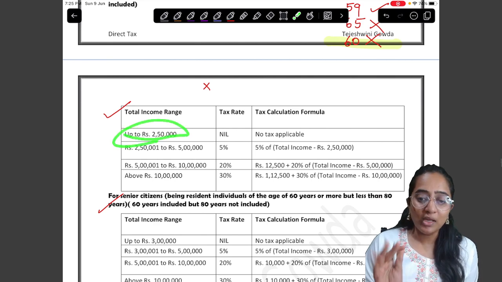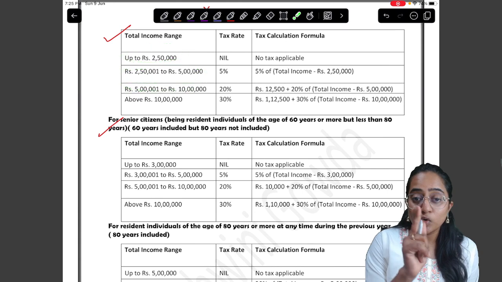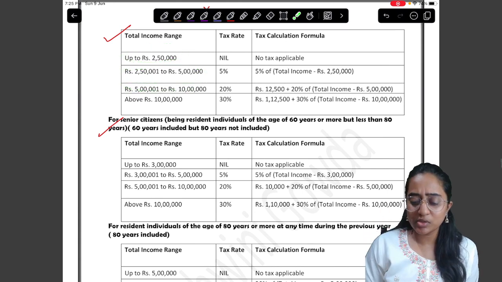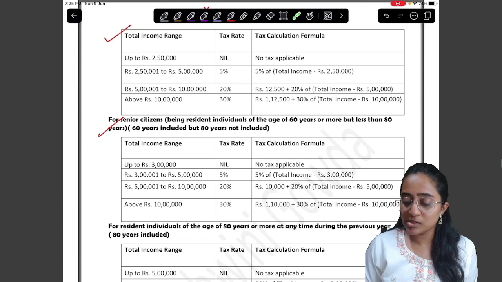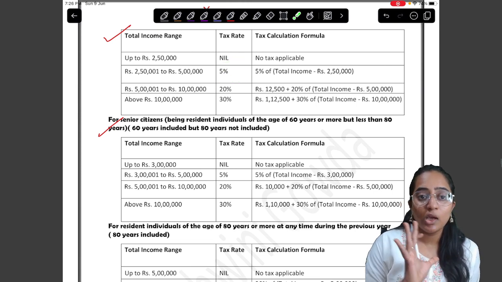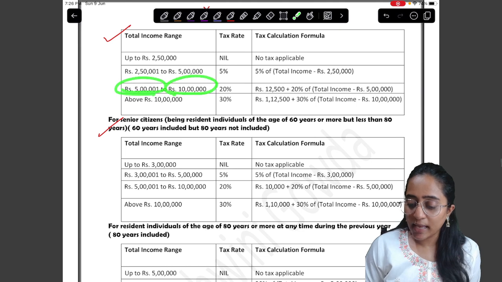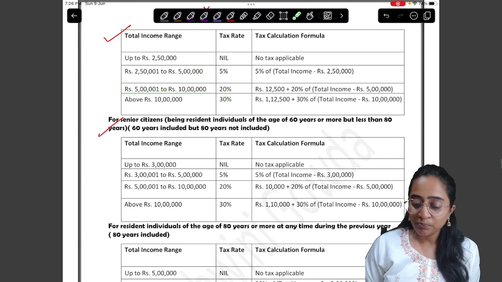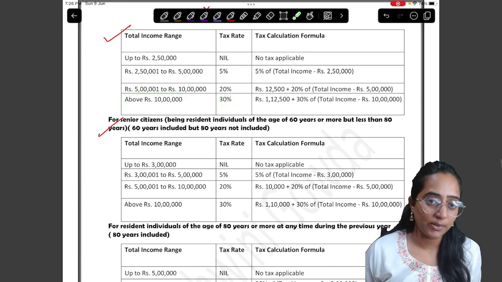From 2.5 lakh, that is 2,50,001 rupees, to 5 lakh rupees, the tax rate applicable is 5%. From 5 lakh to 10 lakh, the tax rate applicable is 20%. And above 10 lakh, the tax rate applicable is 30%.